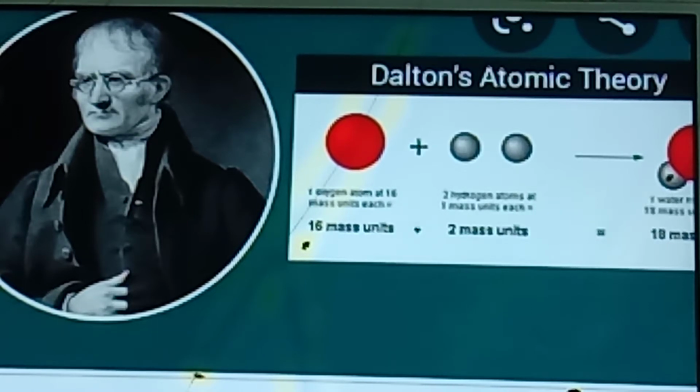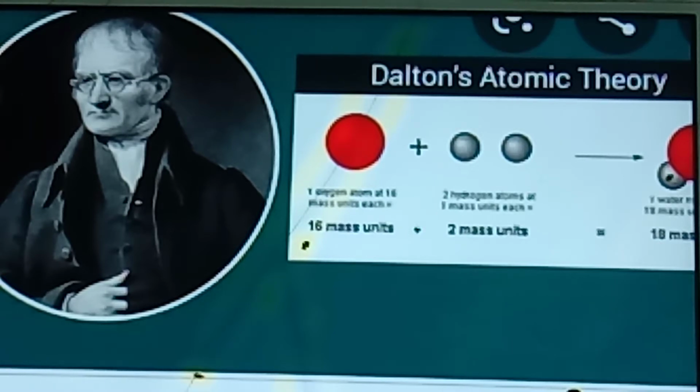Atoms of the same element are identical in all aspects like shape, size, mass and properties. Atoms of different elements have different sizes and masses and possess different properties also.